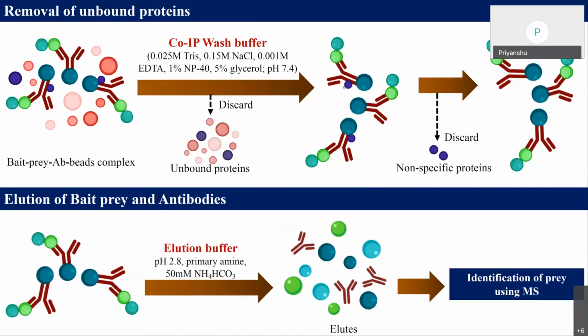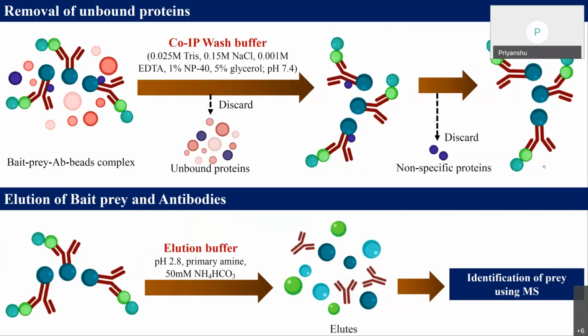There are also some other non-specific proteins bound to the Fc region of the antibody or other sequences of the antibody. These are non-specific binding. So with two or three more steps of washing, you can remove all non-specific proteins and you get the interacting partners with the protein and antigen antibody bead complex.